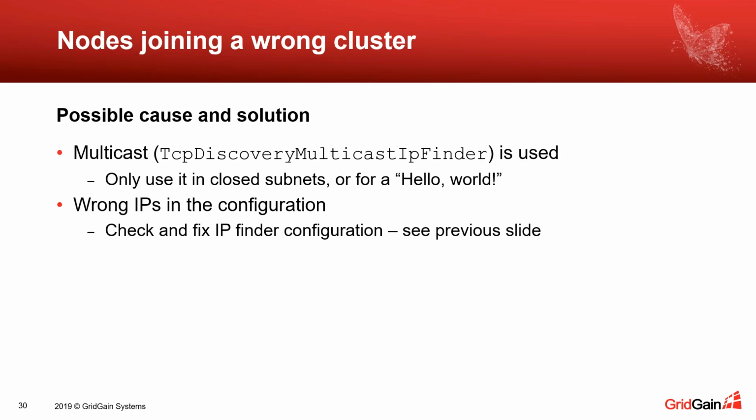Most likely the issue is again with IP Finder configuration. And most commonly, this is caused by using the multicast IP finder. The default IP finder that is used in Ignite, the one that is used in Ignite examples, is TCP Discovery Multicast IP Finder.